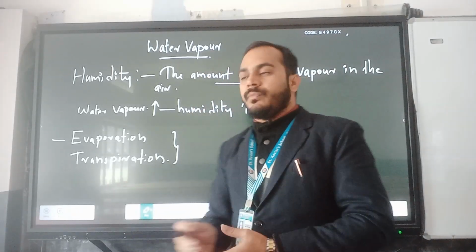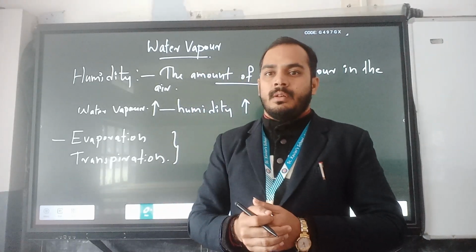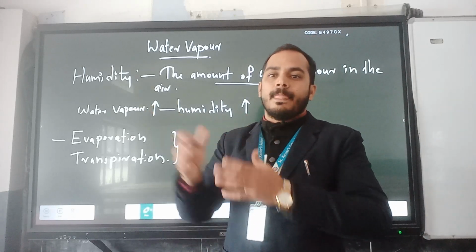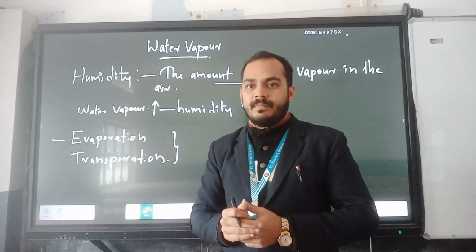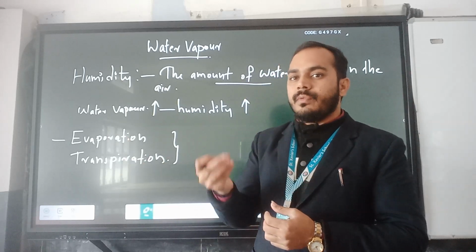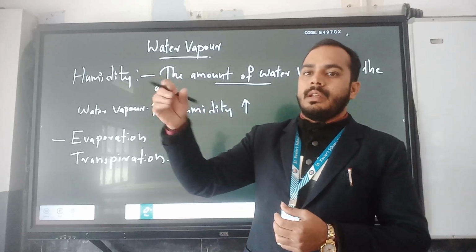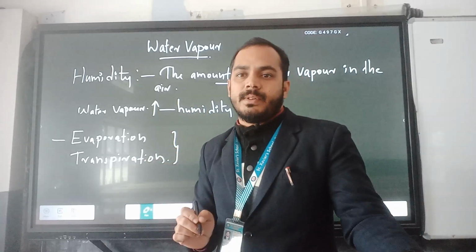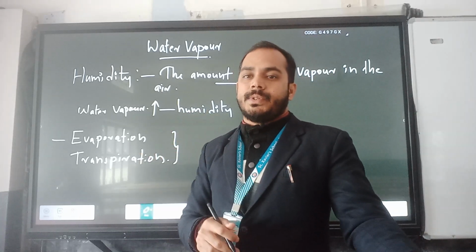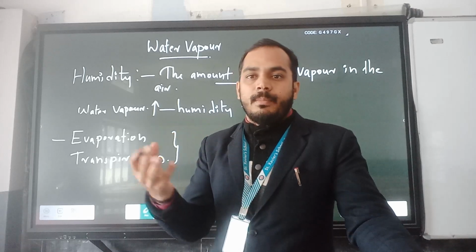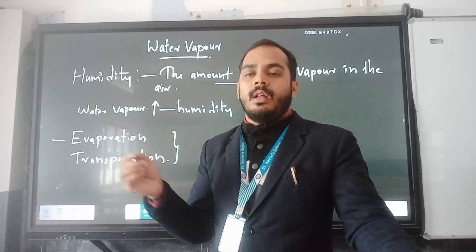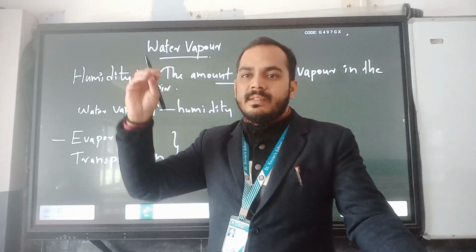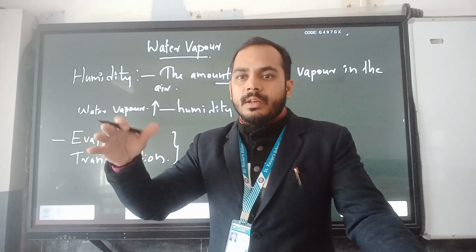I hope all of you know what is meant by evaporation. It is the conversion of water into water vapor and its transfer into the atmosphere at any temperature. It mainly happens at the surface of water sources, for example a lake, pond, river or ocean. When the temperature increases, the surface of the water gets heated.